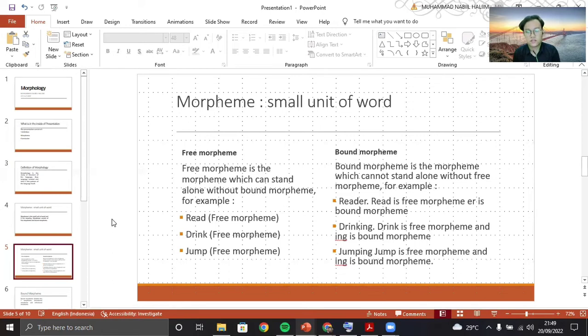The jump itself is the free morpheme because it's standalone and independently has a meaning without any bound morpheme, I mean. So in addition, ing itself is the bound morpheme. So it creates jumping as the verb.